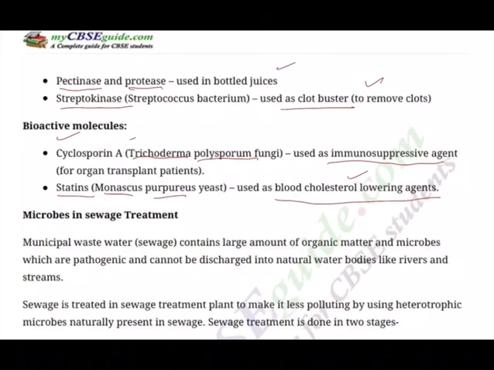It gets deposited within the arteries and blood vessels, and blood flow will not be smooth. That affects the very functioning of the heart. Hence, in such people, statins are used so that the cholesterol level is brought down and the person can be healthy. So these are all the various uses of microbes that we can use every day. We continue in the next session about this.